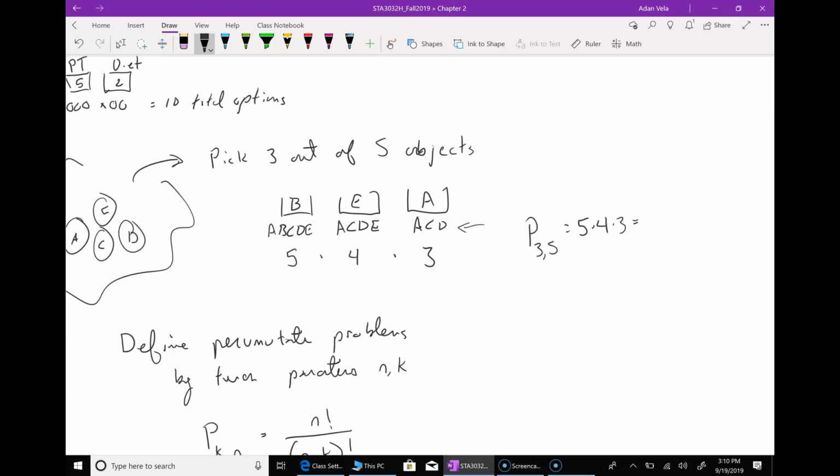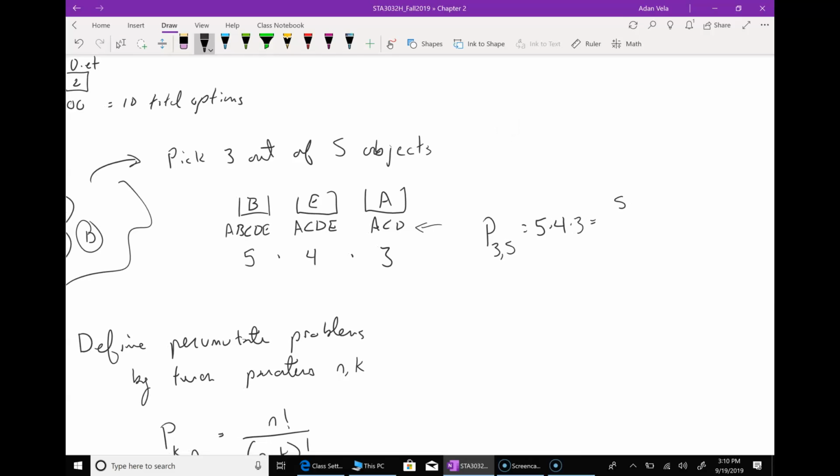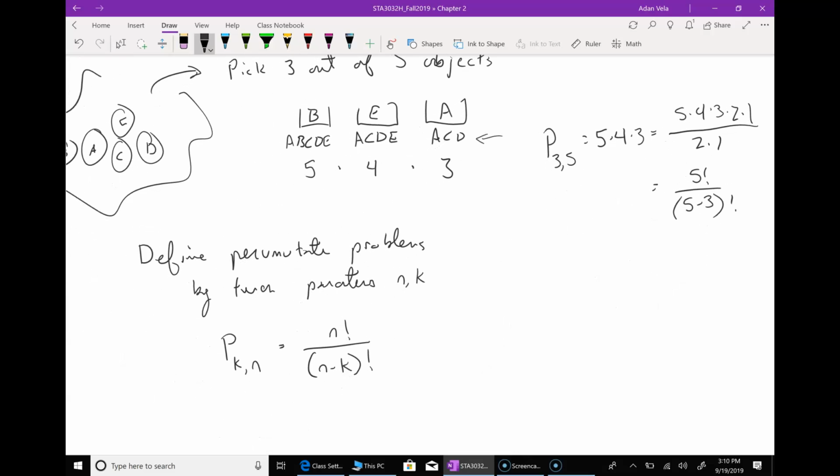Yeah, 2 factorial. Then we actually end up with 5 times 4 times 3 times 2 times 1 over 2 times 1, which is just given by 5 factorial over 5 minus 3 factorial. Okay. And so that's kind of where this equation comes from. It's just a generalization that we have.